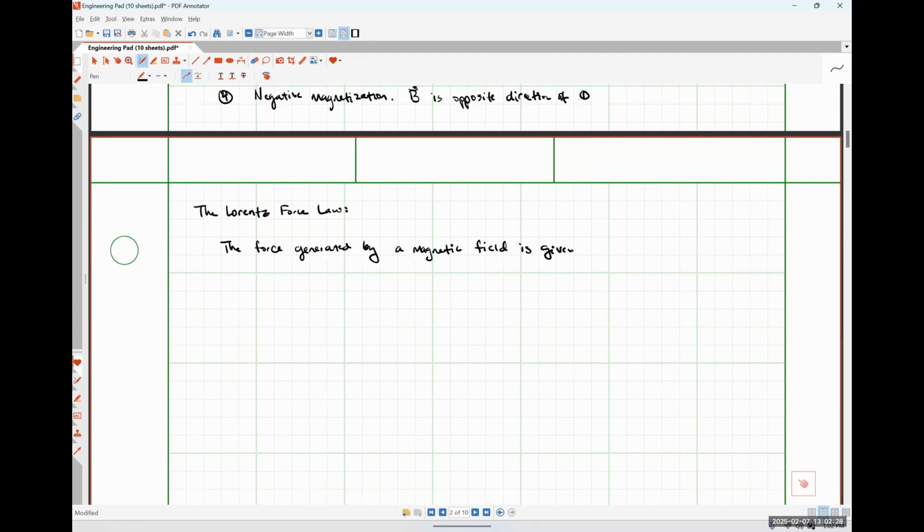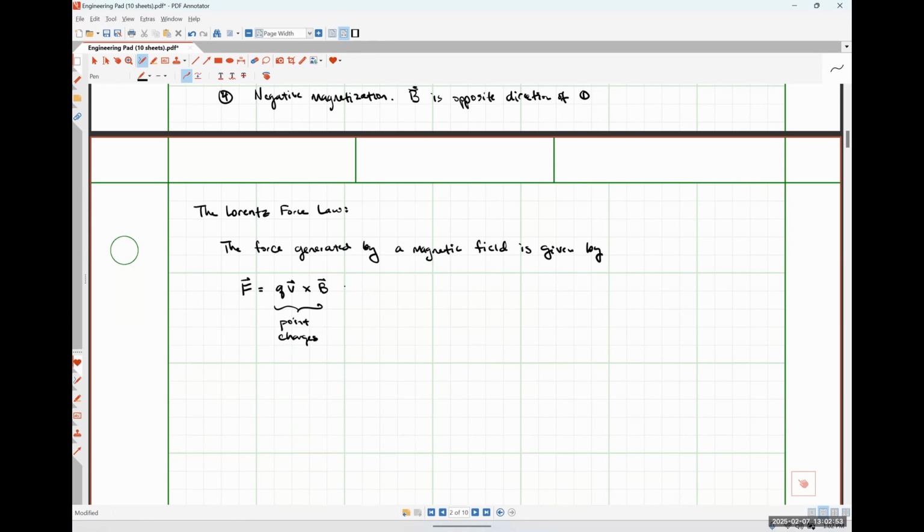So the force generated by a magnetic field is given by this relationship where our Lorentz force F is going to be Q times vector V crossed into B. This is what is typically used for point charges.